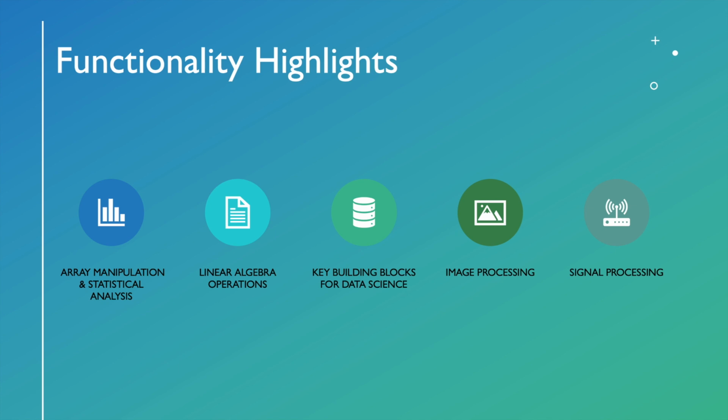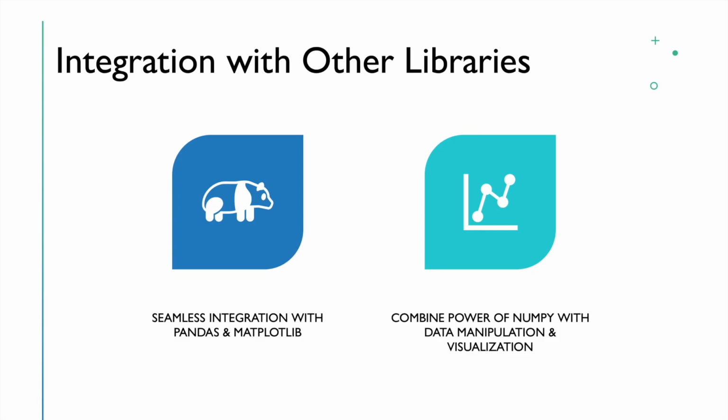Next is the slide on integration capabilities, or integration with other libraries. In addition to its core functionalities, NumPy integrates seamlessly with other Python libraries like matplotlib, pandas, plotly, seaborn or any other. There are also machine learning libraries, for example scikit-learn, TensorFlow and PyTorch, and you can integrate all of them with NumPy.